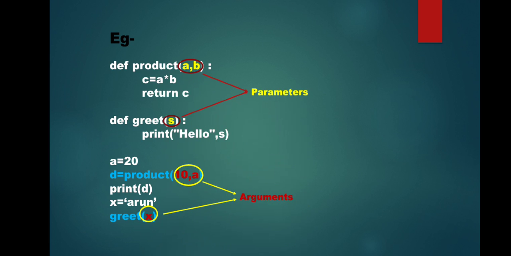So this is the main difference between arguments and parameters. First, arguments are written in the function calling statement and parameters are written in the function definition. Secondly, an argument can be a literal or a variable or an expression, but a parameter can only be a variable, right?